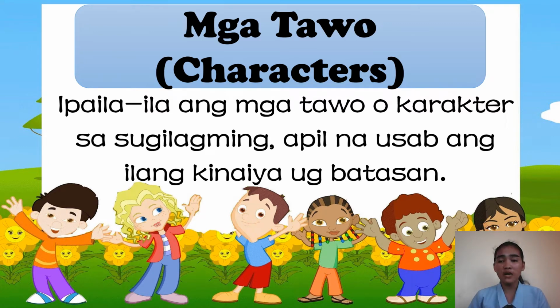They are the ones who act out a certain story. The characters could be a human, an animal, or imaginary objects or creatures. The author or the writers of the story introduce the characters. They also describe and reveal the behavior and attitude of the character.